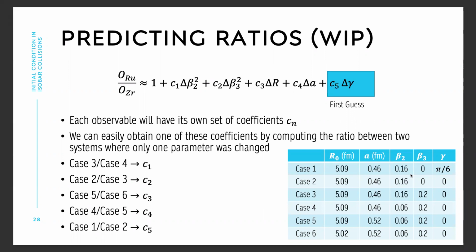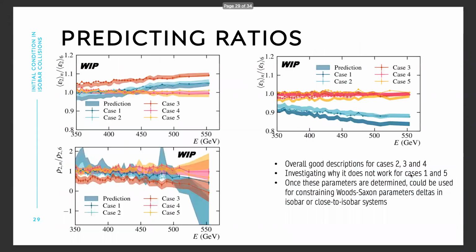So except to obtain the C3, I never use the ratios where the case 6 is on the denominator. So that would be a way to test if these coefficients are not depending on exactly what kind of system, what kind of parameters I'm making the ratios.